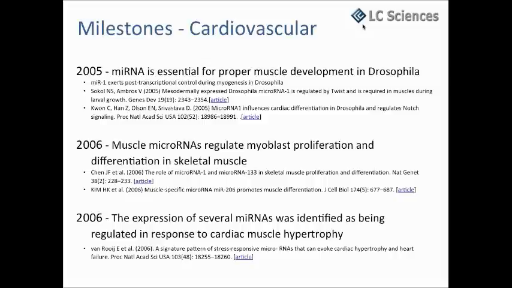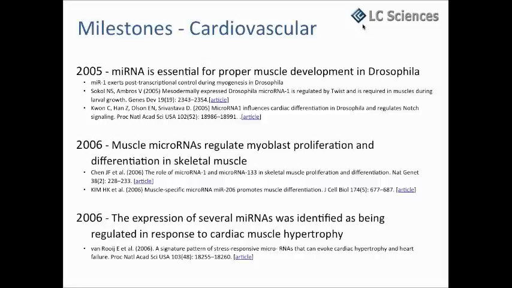That's where it was found. And then this was continued in 2006, with the role again of microRNA-1 and 133, and how these muscle microRNAs regulate myoblast proliferation and differentiation in the skeletal muscle.